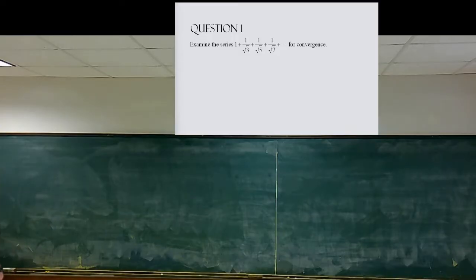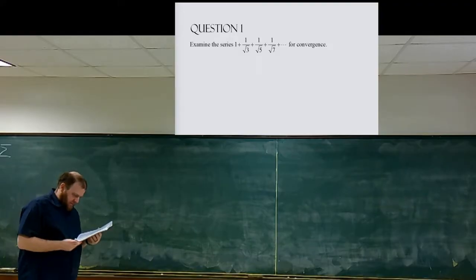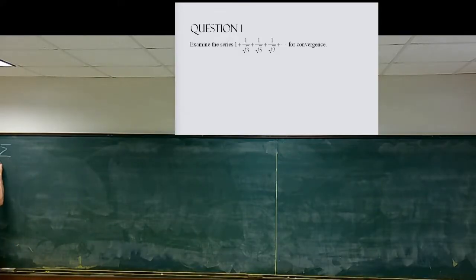Let's first write that in summation notation. It would be 1 over radical 2n plus 1. And starting where? 0.